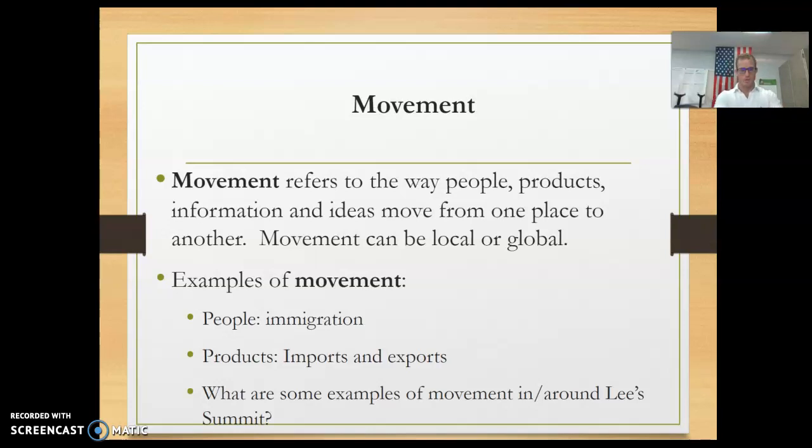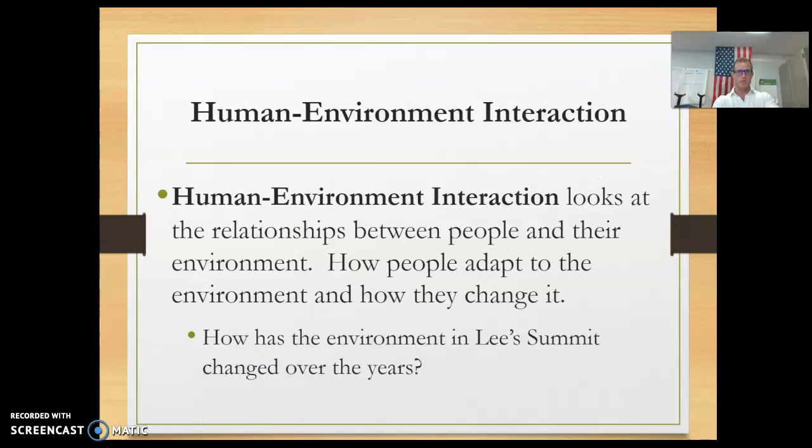Obviously, Lee's Summit is heavily service-based, but you could say cars are bought and sold in Lee's Summit. Products move from the grocery store to homes. They move from other states to the grocery stores. You could talk about a lot of different things with movement in and around Lee's Summit. Even tourism to some extent, with sporting events.